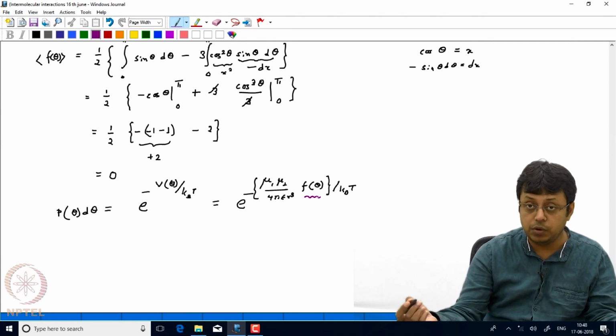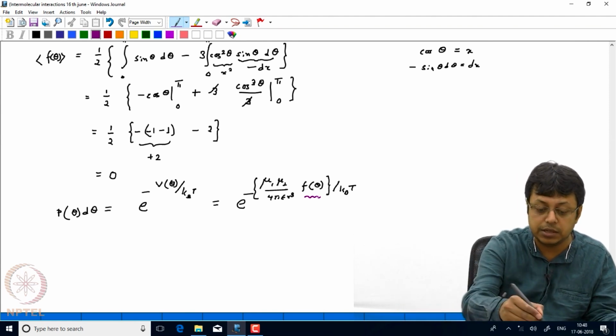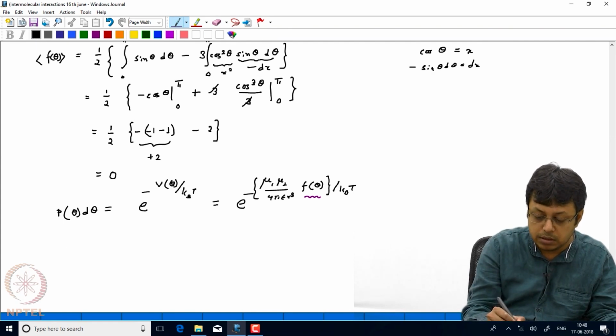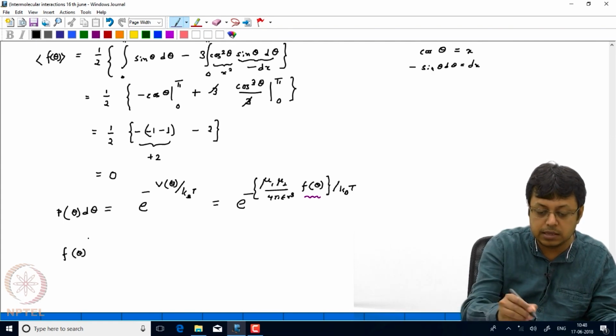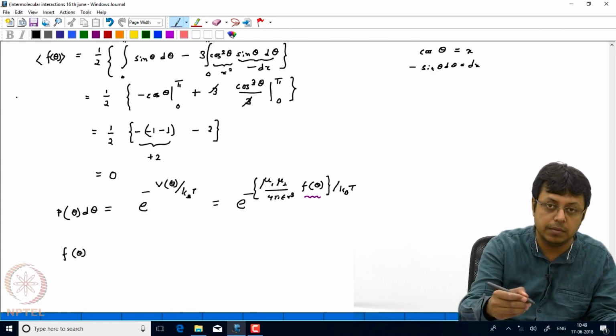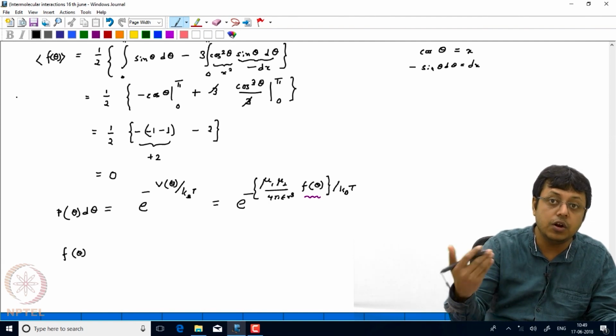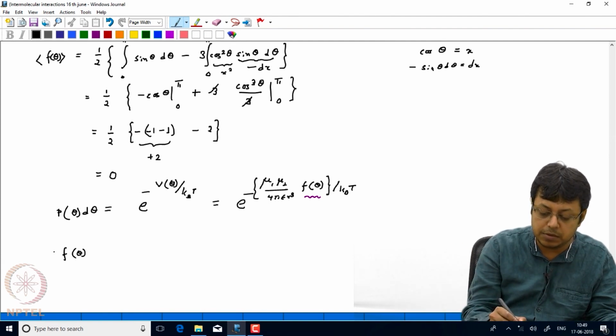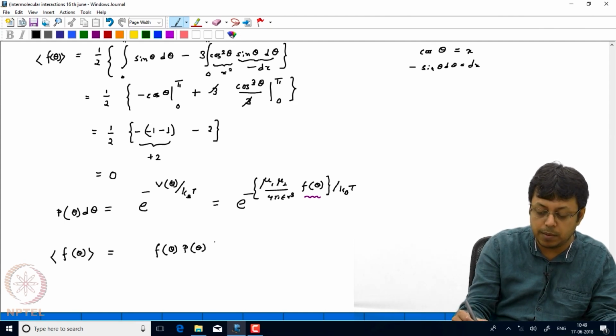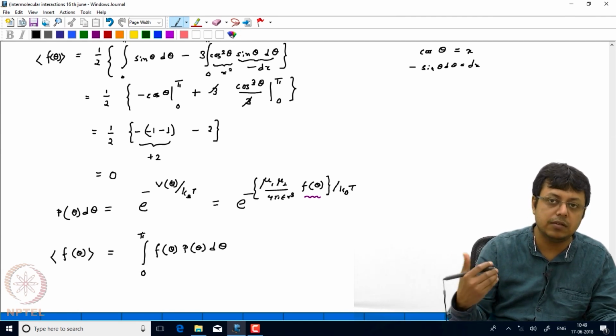So now what we have to do, if we want to calculate the average interaction potential, because again the freely rotating case is where the dipoles are kind of non-interacting, and the dipoles actually do interact with each other. To calculate any average value, we have to take that function, multiply with the probability distribution, and then integrate over all possible thetas, but theta is going from 0 to pi. We are not considering the phi right now.